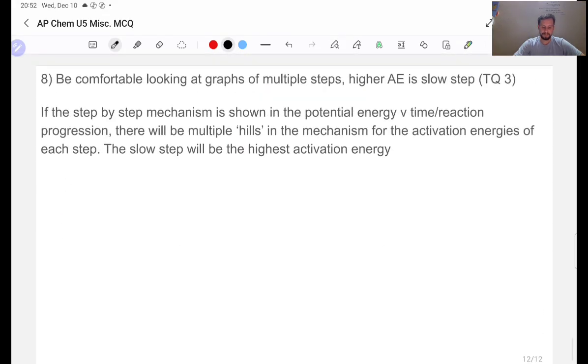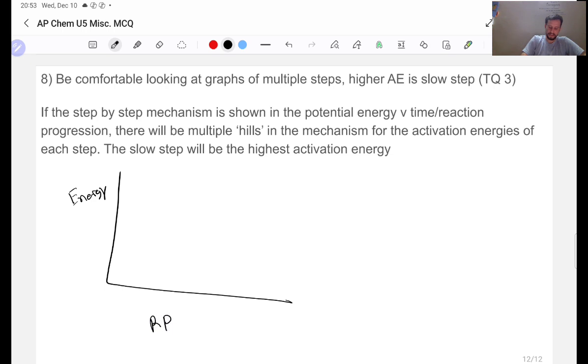The last thing, be comfortable looking at graphs of multiple steps. Like we're all familiar with, it gives the energy here, and then this is reaction progression, and there's a hill, and the top of the hill is activation energy. What if it shows you the multi-step mechanism?